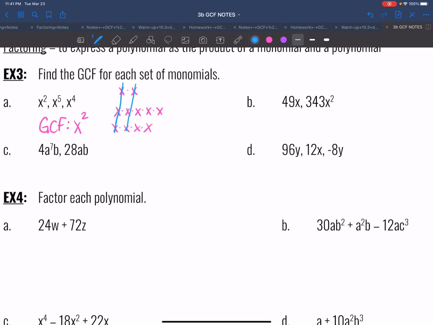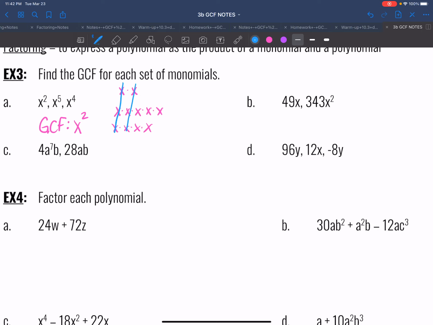We have 49x and we have 343x squared. So when we're trying to find the GCF with a coefficient and a variable now, we're going to start by finding the GCF of the coefficients.